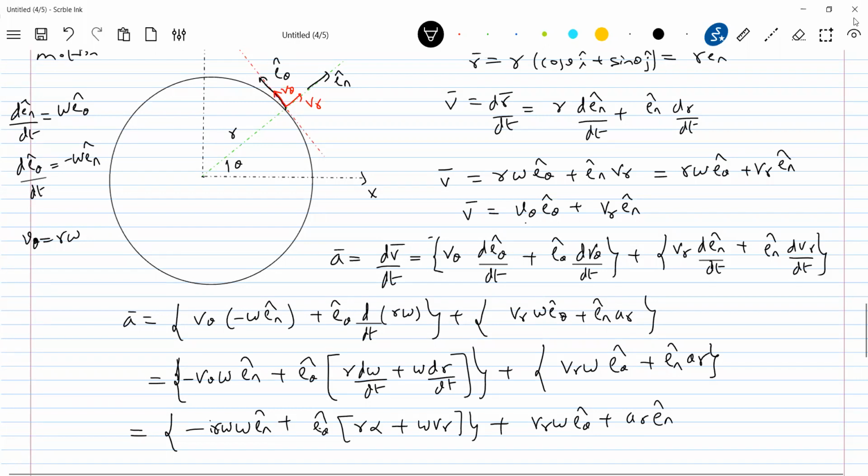Okay, shall I scroll up? Just you see once, all of you, because I'll scroll down. V theta is substituted as r omega. Just symbols may be confusing.